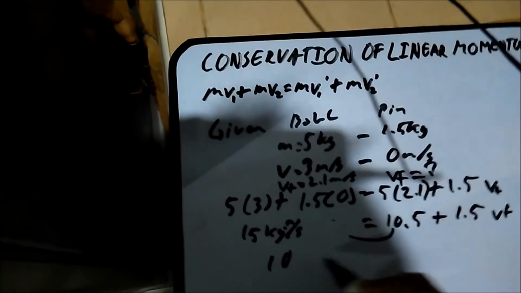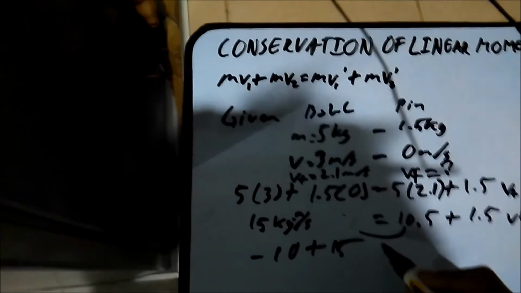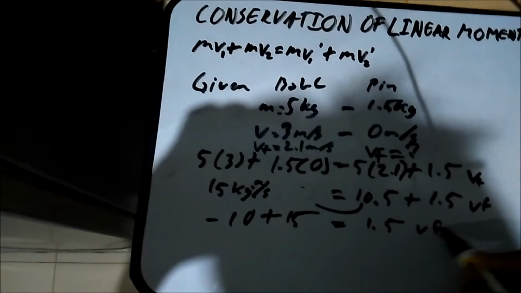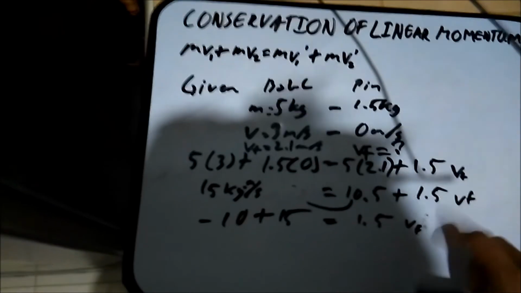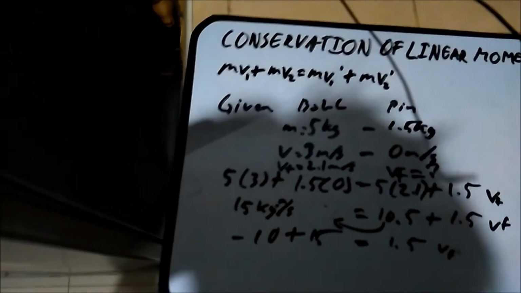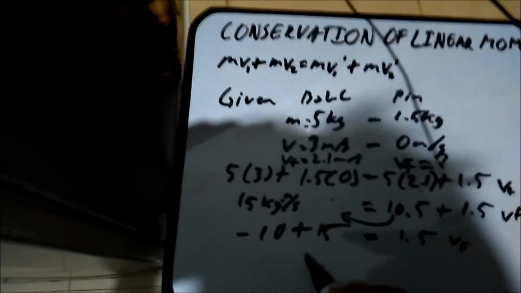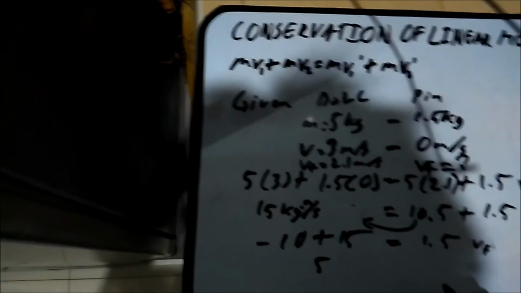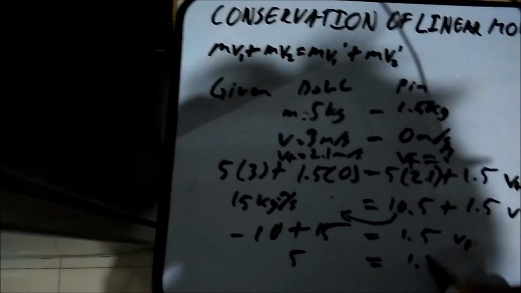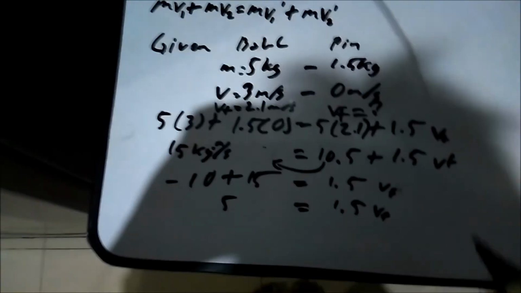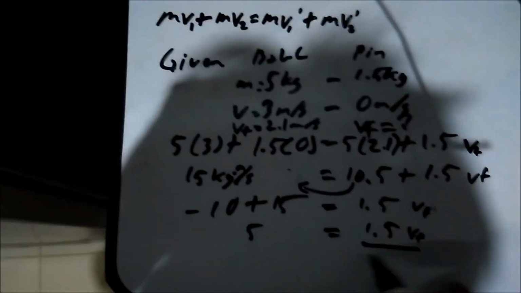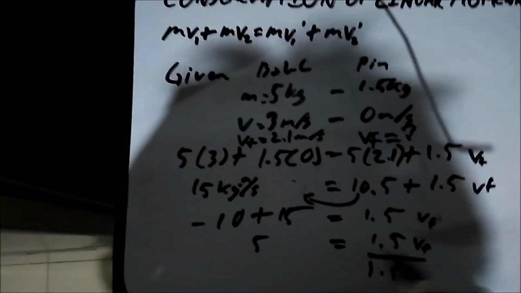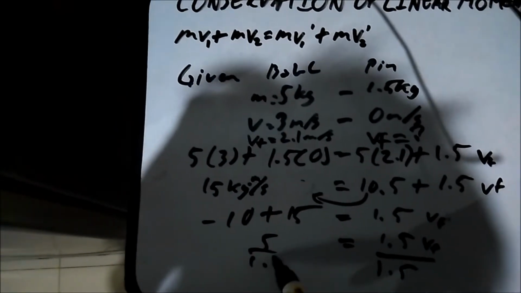So 10 negative plus 15 is equal to 1.5 VF, small because it is a variable. The sum of this is 5, and 1.5 copy.